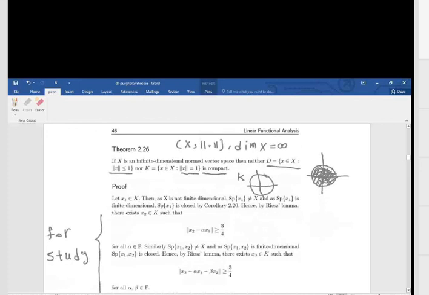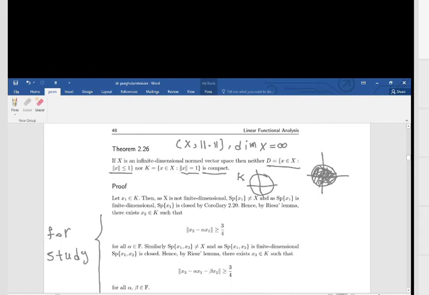Another theorem: if X is an infinite dimensional normed space, here X is not finite dimensional, so the dimension of X equals infinity.